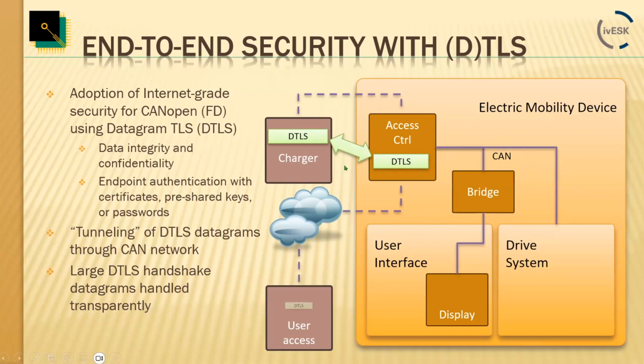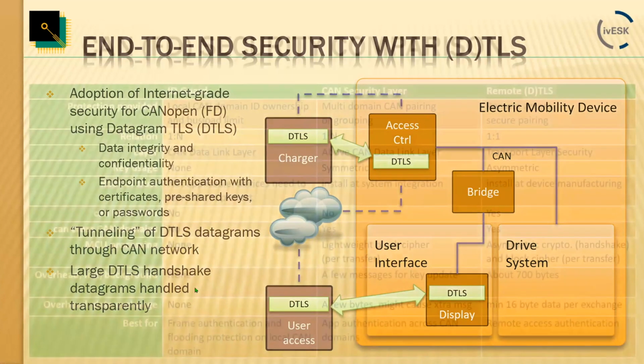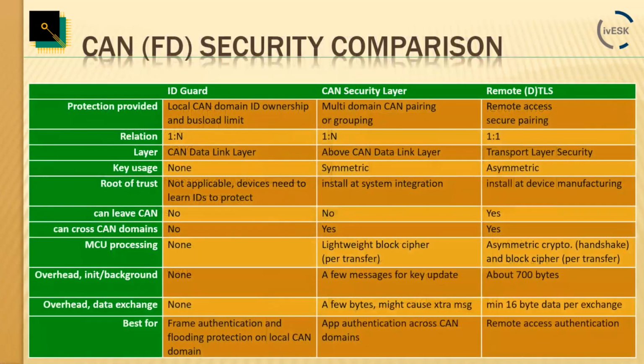We could have, for instance, some external charger or some wireless cloud remote access and really build a point-to-point security feature here. So these are 3 different methods, and we already introduced these 3 and compared them in a paper 4 years ago.